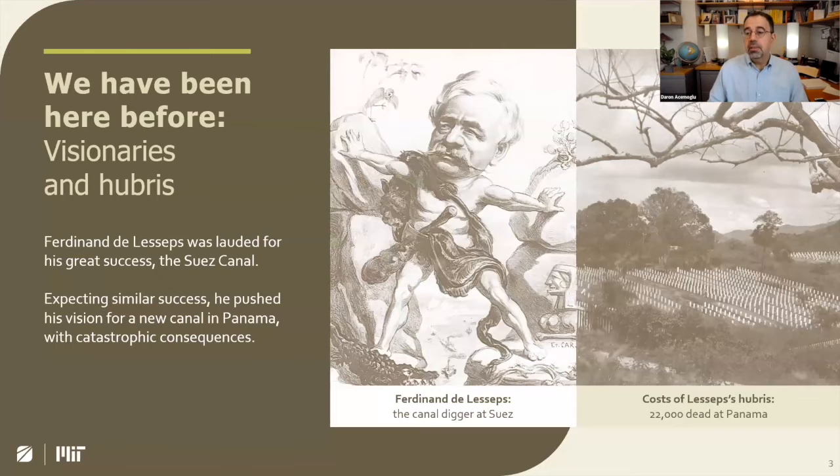So if you look at previous periods, you'll see a lot of the inspiring leaders who are shaping the path of technology. We could have picked many examples, but few of them are as colorful as this gentleman, Ferdinand de Lesseps, who played a major role in some of the most important technological developments of the second half of the 19th century.